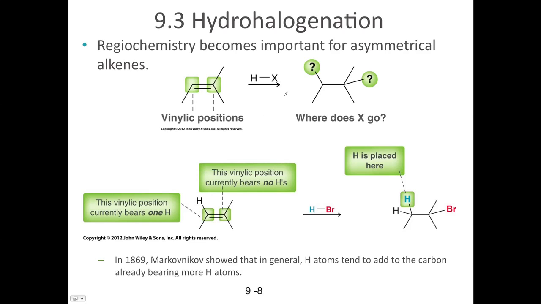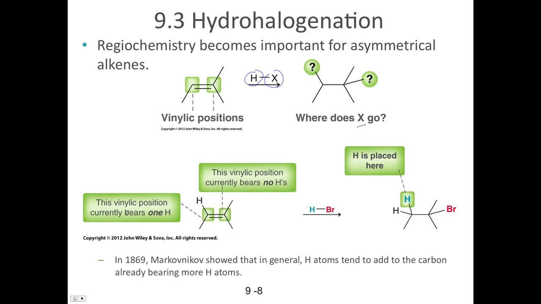You add your HX across this double bond, and these are vinylic positions, which we talked about in class. So the question is, where does the X go and where does the H go? These are two complementary questions, asking similar things.